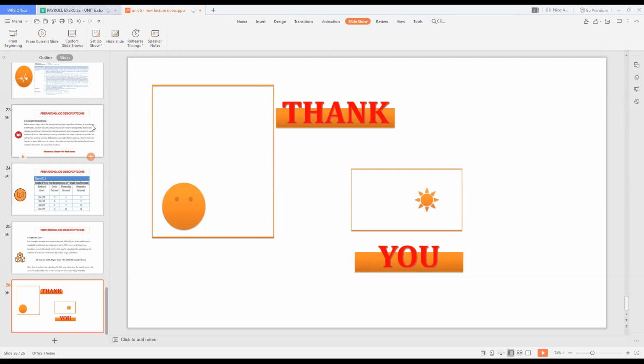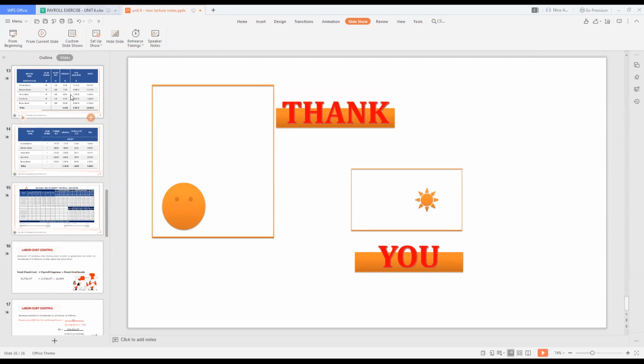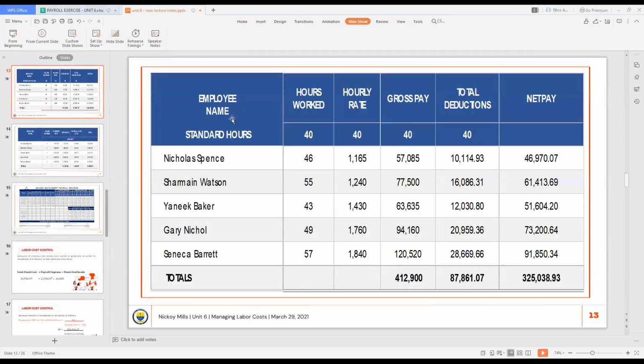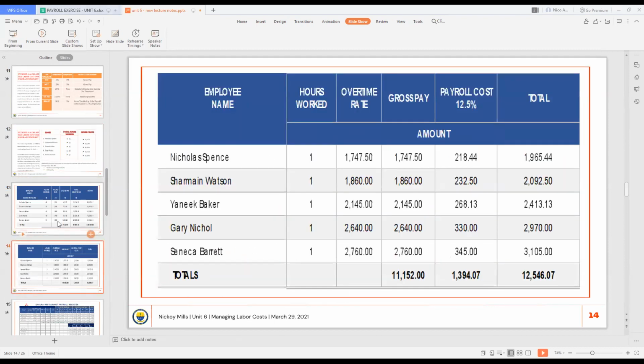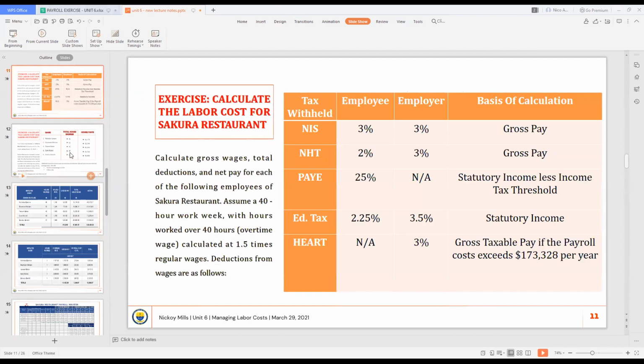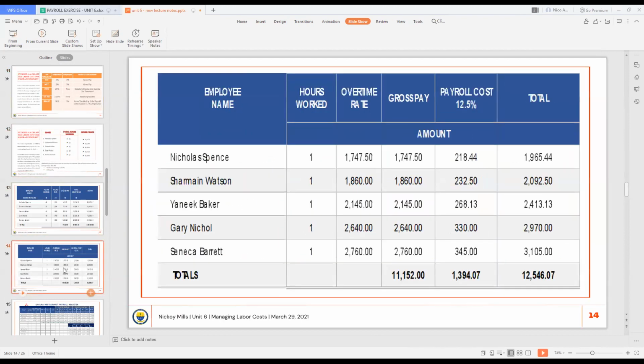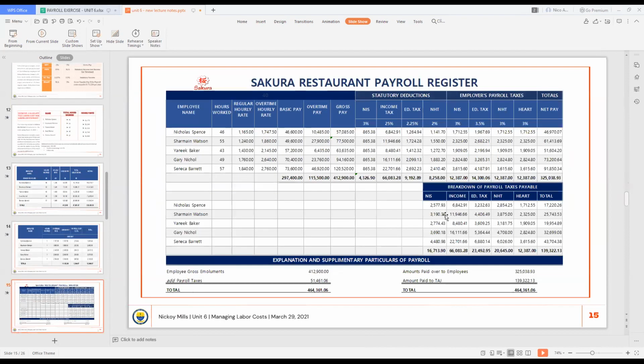Now, it is important that you familiarize yourself with how to do the payroll, because I suspect you may get your practical on that. So you have to understand how to do gross pay, how to do net pay, how to calculate the NIS, income tax, education tax.